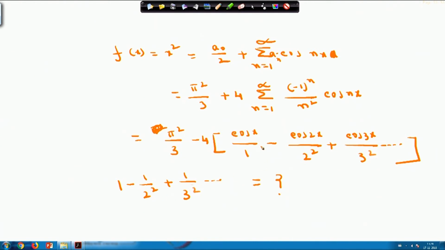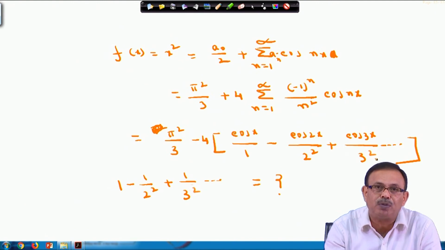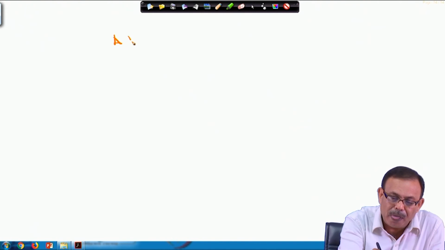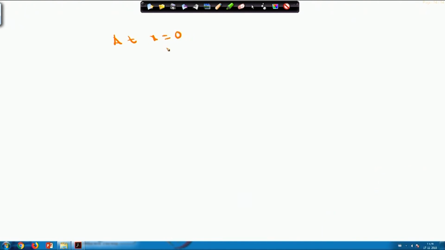Obviously, I will obtain this series if I put x equals 0. On this function, x square equals pi square by 3 minus 4 into cos x by 1 minus cos 2x by 2 square, like this way. If I put x equals 0 on this series, at x equals 0, what will I obtain?